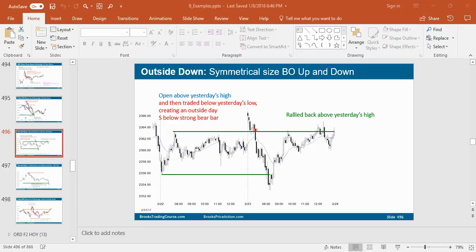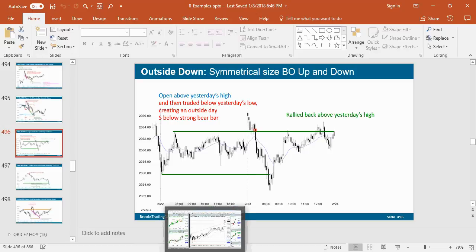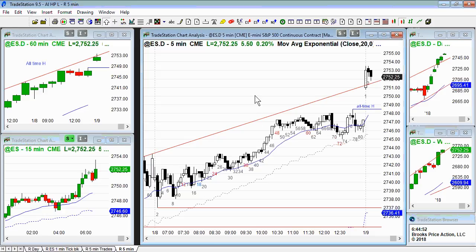So it might be one of the situations like this where it takes 2 or 3 bars before traders believe the bears have won. You want to see at least one decent-sized bear bar closing near its low. And at that point, you think that the bears have taken control.